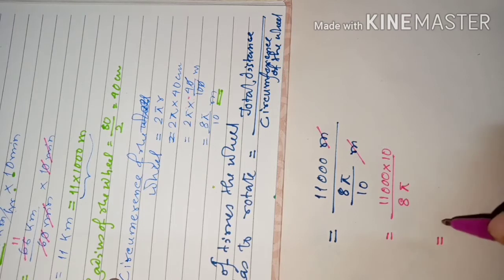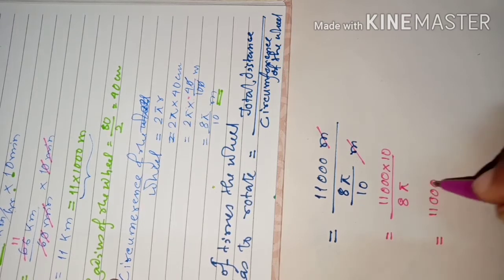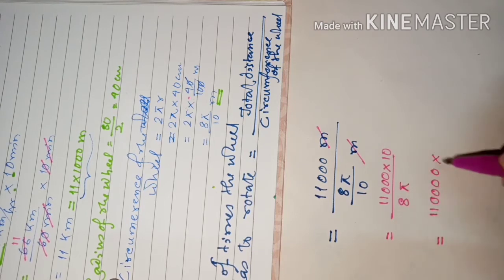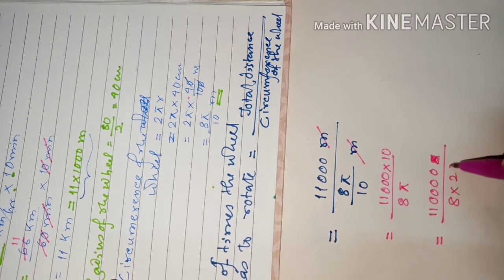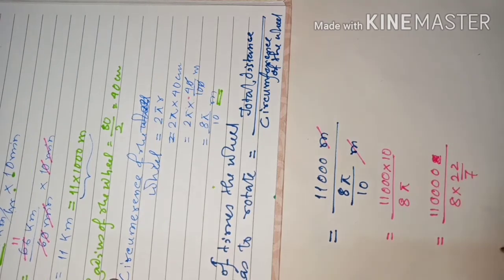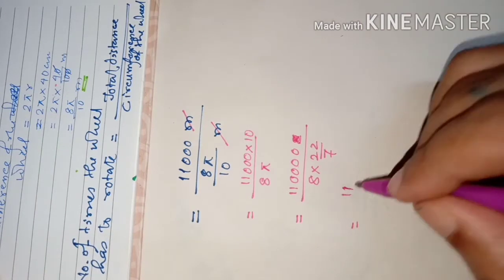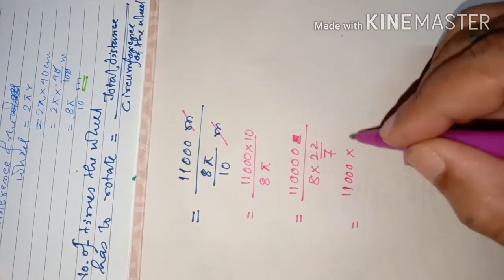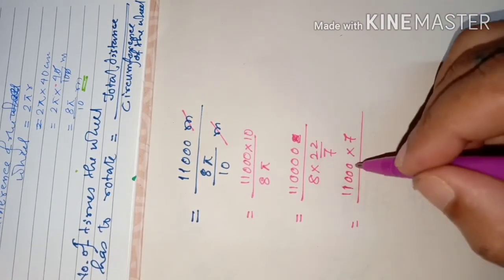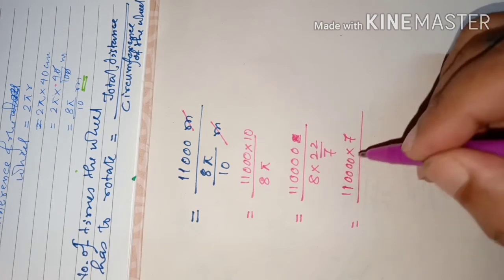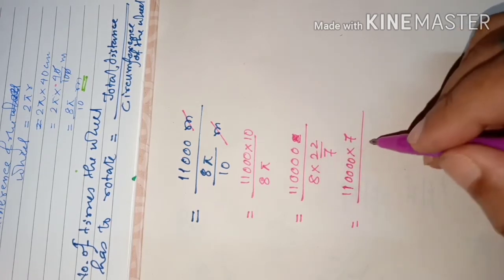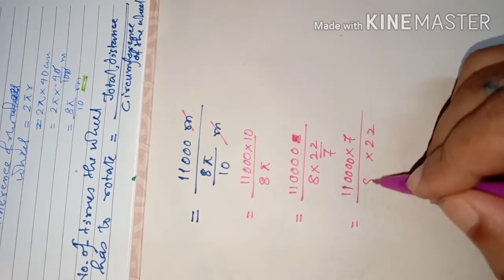Pi is 22 by 7, so you write here 11,000, one more 0, into pi value 22 by 7, and here 8 into pi value 22 by 7. Then this 7 will go up, so it will be 110,000 into 7 by 22 into 8.